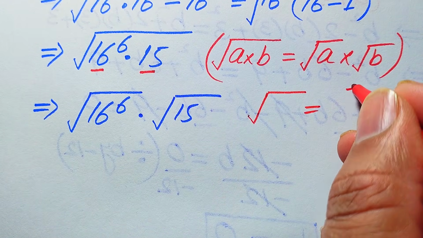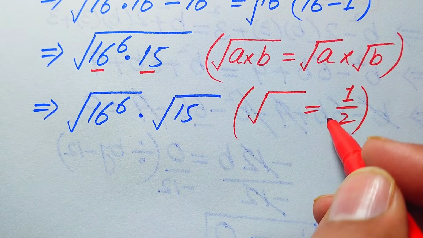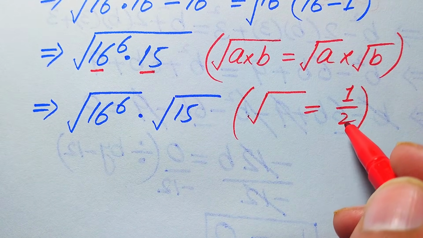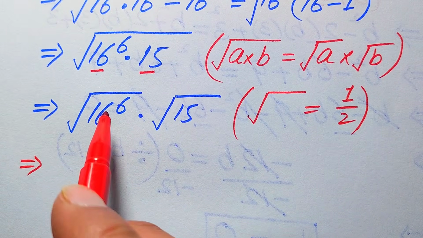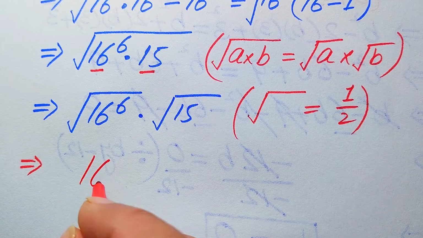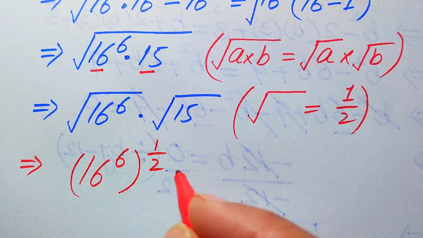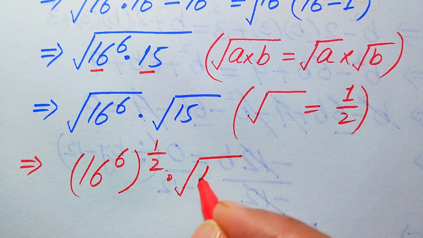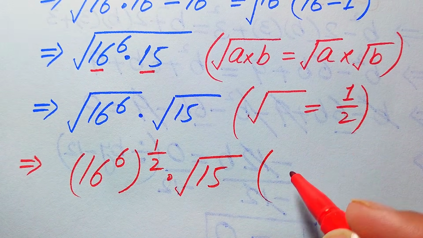Further, in the next step, the symbol of radicals is equal to 1 over 2, so we write the radical into exponential form with exponent 1 over 2. It will be written as 16 to the power of 6, and its whole power is 1 over 2, multiplied by the square root of 15. Now we use another exponential law.